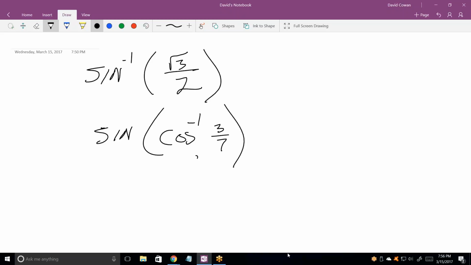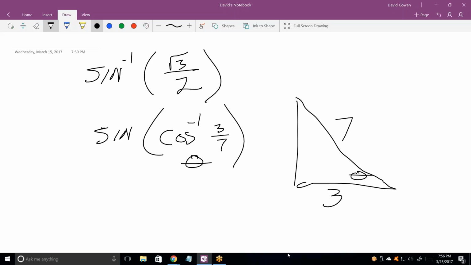I know that's an angle, but all I got to do is draw my triangle, label theta, and now this side is 3, that side is 7, this is square root of 40, and so the sine of theta is square root of 40 over 7. And I didn't have to figure out theta.